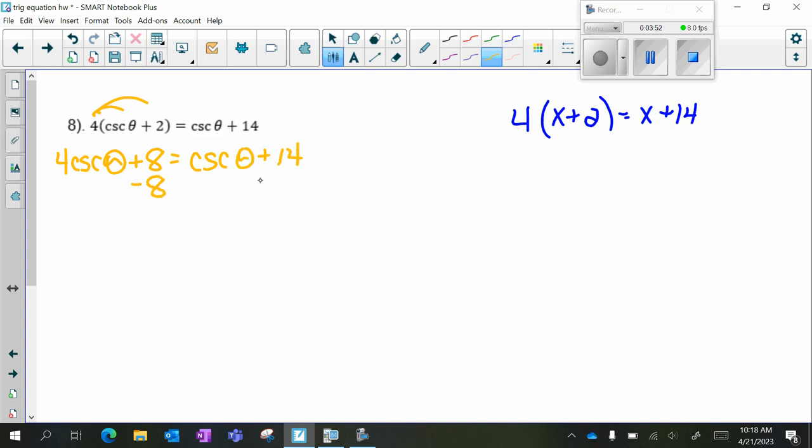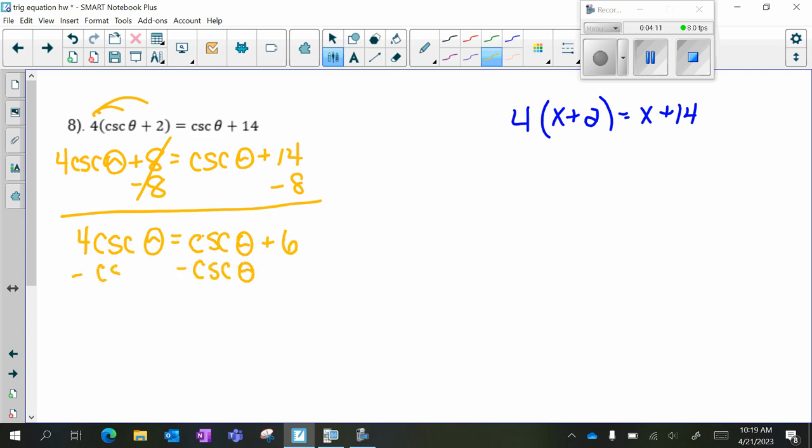I'm going to subtract 8 on both sides. 4 cosecant theta equals cosecant theta plus 6. I'm going to subtract cosecant theta on both sides because I want to group all of my trig functions together. So I have 3 cosecant theta equals 6.